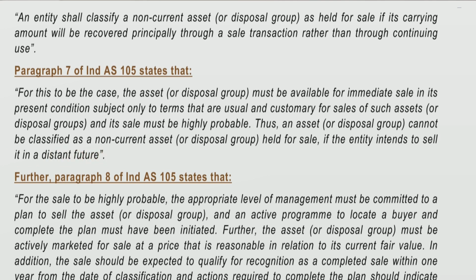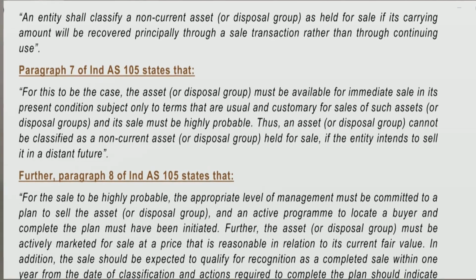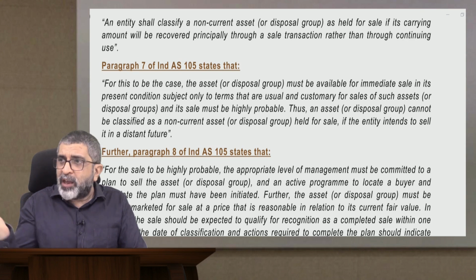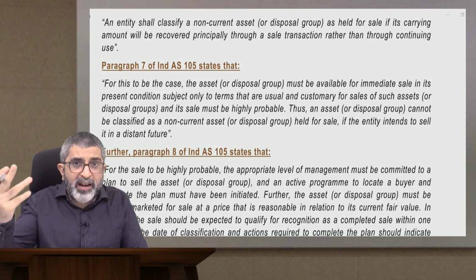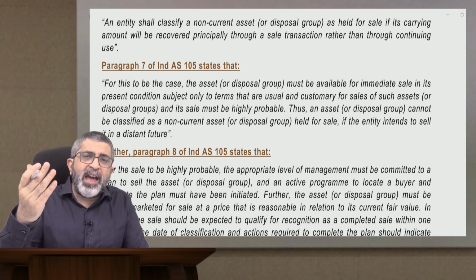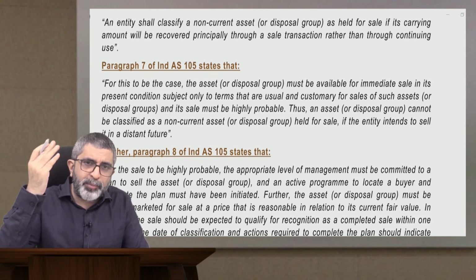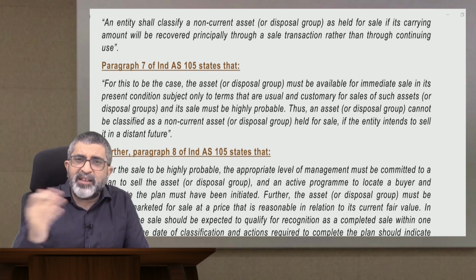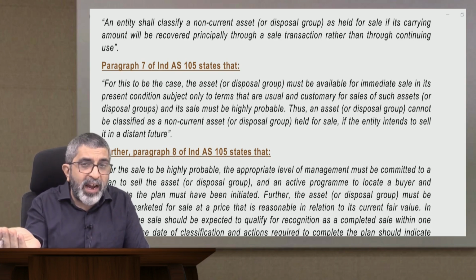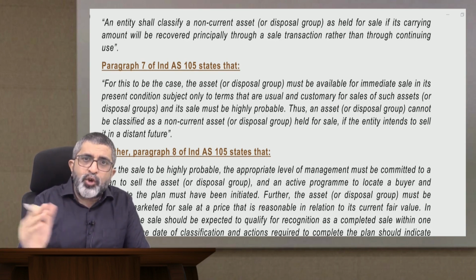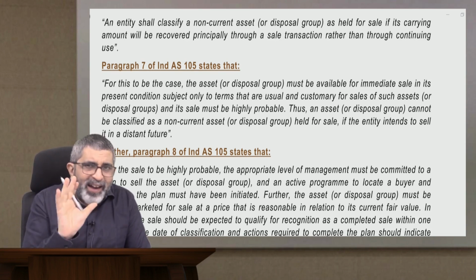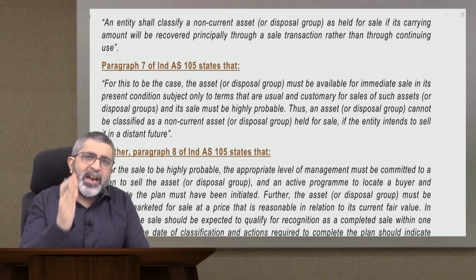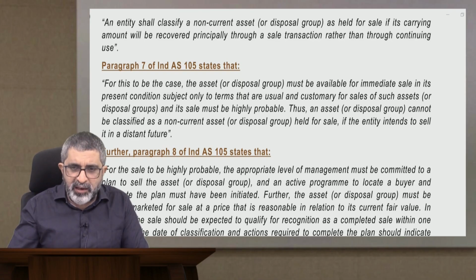So what is the point that we can highlight over here in this case? That they have kept it open that, okay, when the product demand rises again, we will start using the asset and we will start producing the product. The plant will still be used in future. You cannot reclassify again and again from one category to another. If you believe that your plant is lying idle, idleness of plant cannot become a condition to reclassify it as held for sale. So that was the fundamental issue.